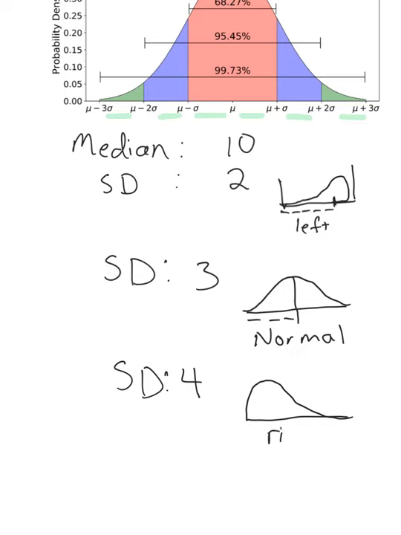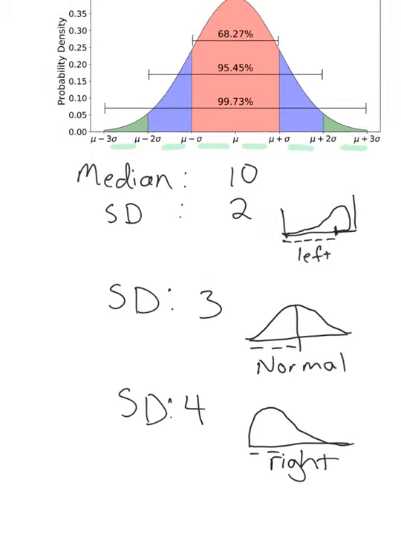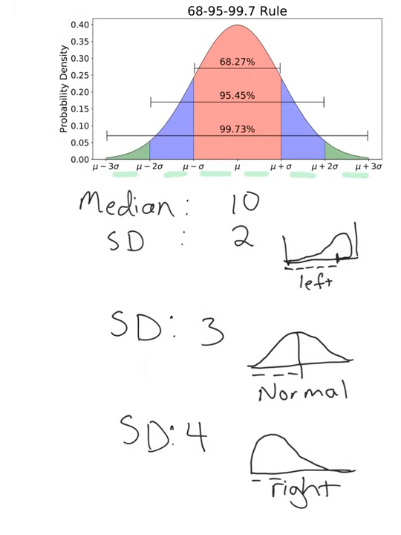Okay. So here, knowing where our median is and knowing how big our standard deviation is and how many spaces there are can tell us what type of skew we actually have. Okay, and that is all.